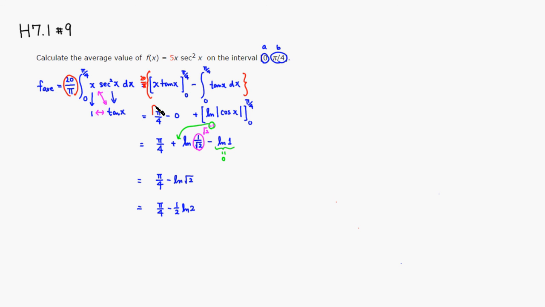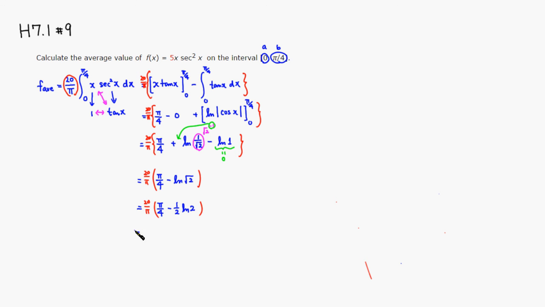Sorry about that. Here I have to put 20 over pi, and here 20 over pi, and here 20 over pi, and here 20 over pi. And maybe I'll clean it up.